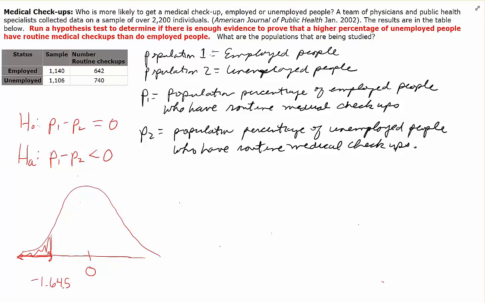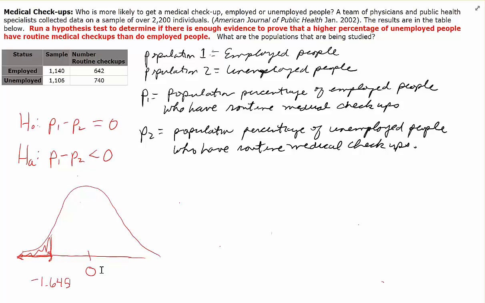Now, to get the standard deviation of the sampling distribution, I have to pool the sample percentages. Again, when you're building the sampling distribution, you're assuming that the null is true. And if the null is true, and there's no difference in the population percentages, then the sample percentages are estimates of the same thing. Therefore, instead of using them individually, we will average them together and use that as the percentage.